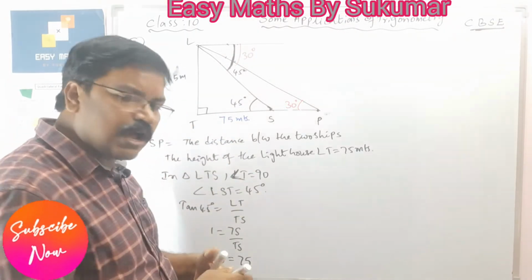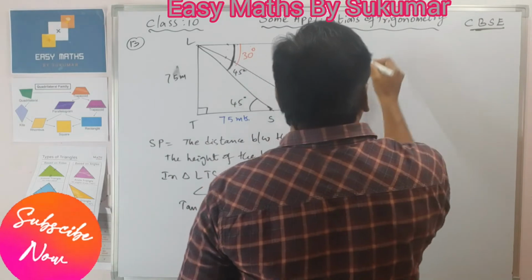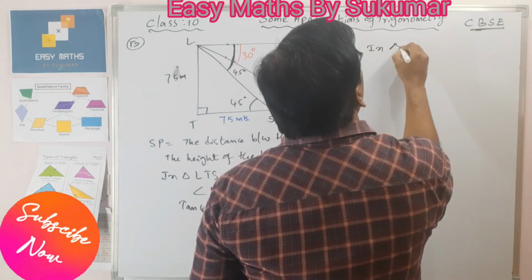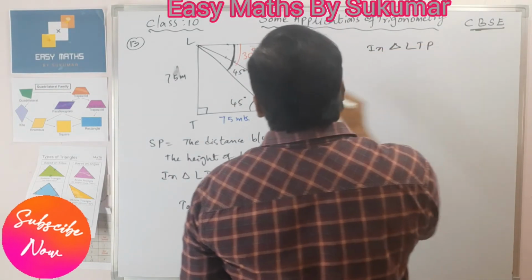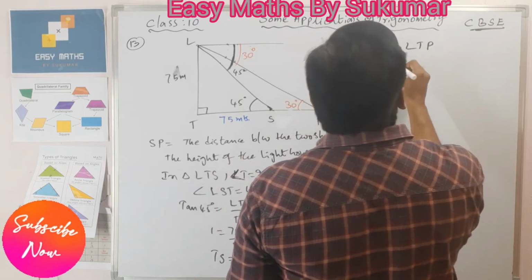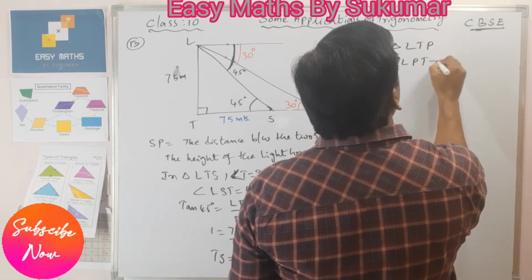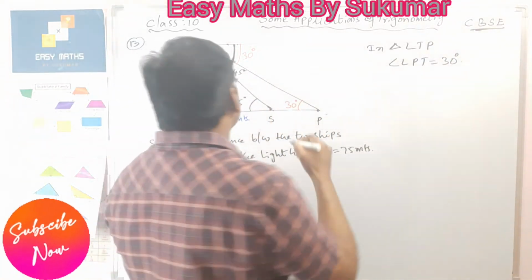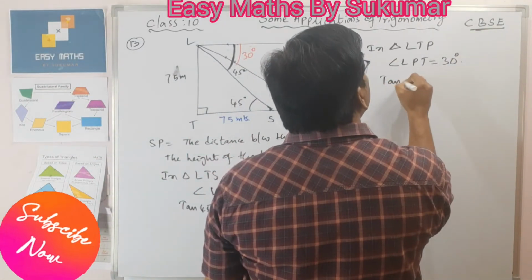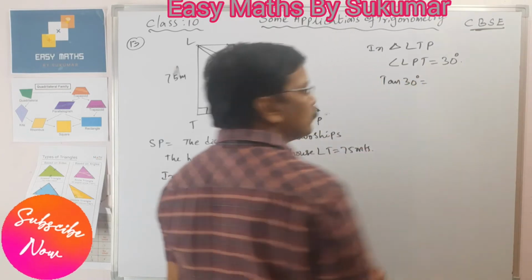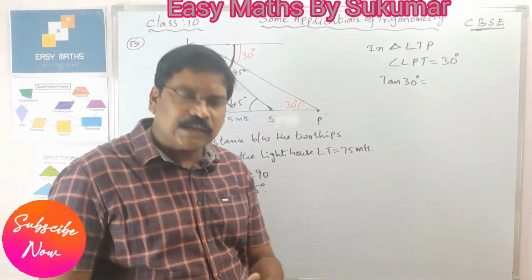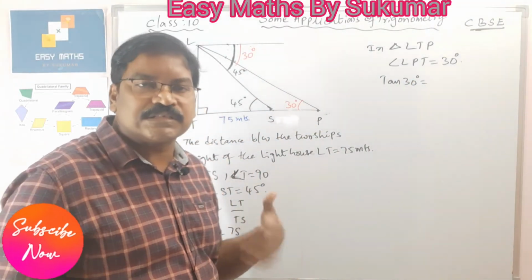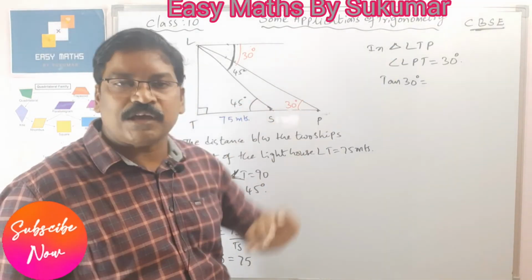Now coming to the other triangle LTP. In triangle LTP, the angle of elevation LPT is 30 degrees. So my dear students, again take tan 30 degrees. Most of the times, more than 90%, we use tan only.